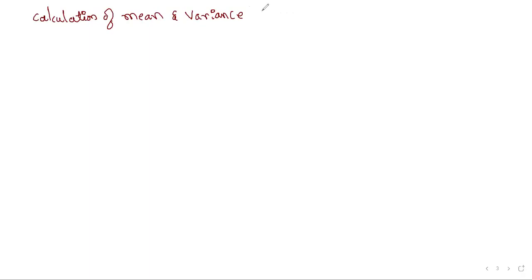So next is the calculation of mean and variance from moment generating function.